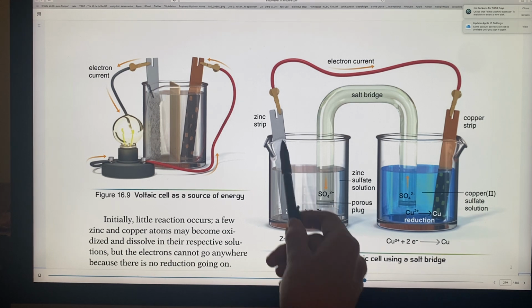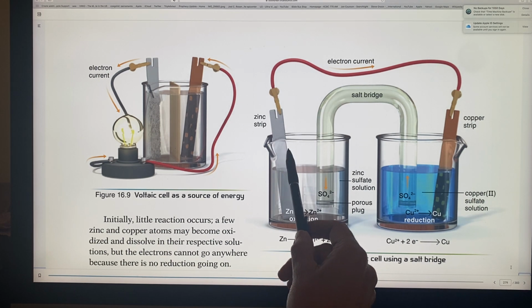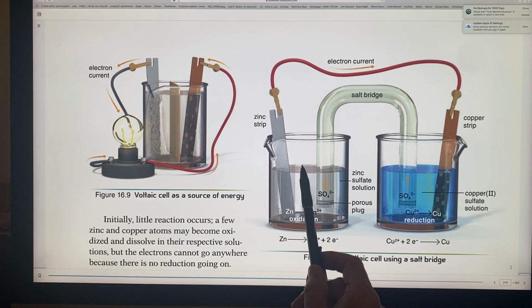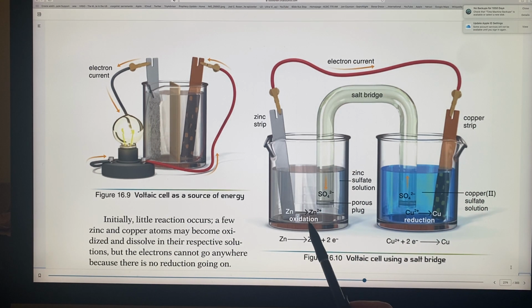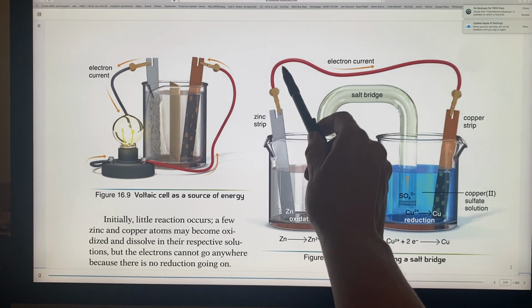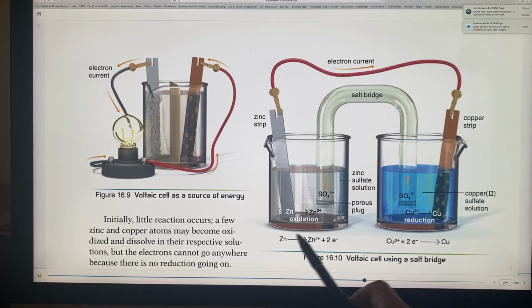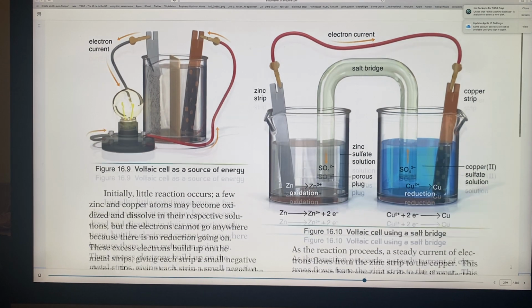And so then the electric current, or the electricity, moves to the right when you hook these two electrodes up, just like you do in your car battery. This electron current goes through to the other side, because the zinc wants so badly for the electrons to get over to this copper. Can you believe this? How they ever thought of this, but this is, God putting things together. So this is a voltaic cell using a salt bridge.